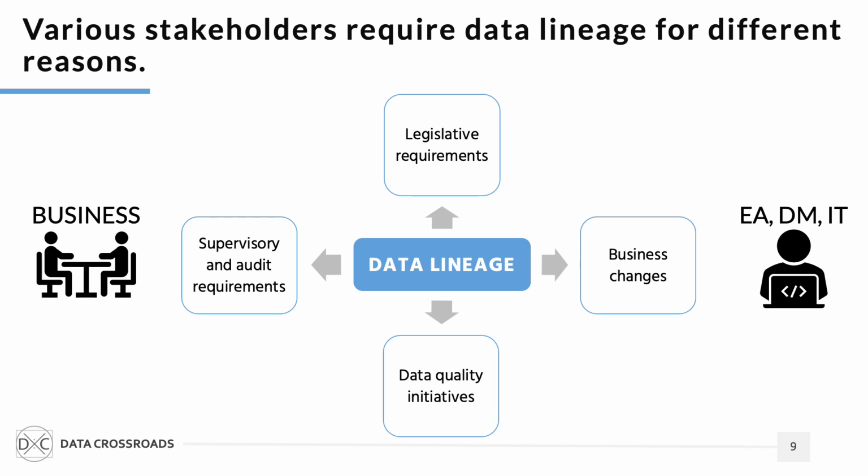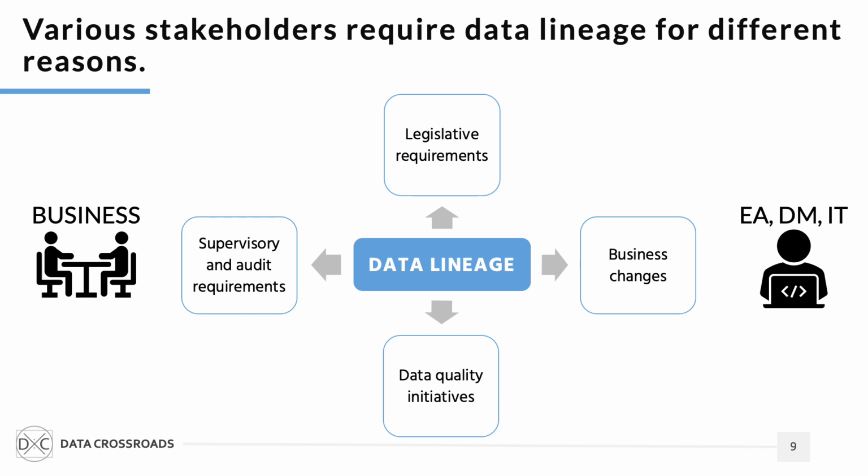The second reason to document data lineage is business changes. Very often a company deals with different types of business changes, such as changes in information needs and requirements, changes in application landscapes, organizational changes, etc. If, for example, some changes take place in the sourcing applications, specialists will need to perform an impact analysis.